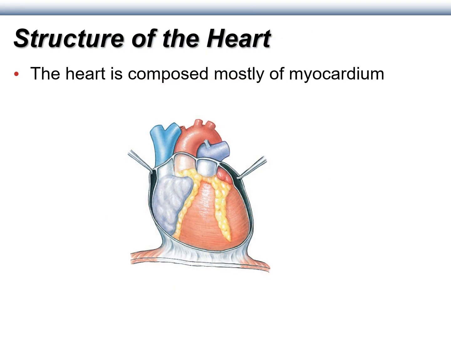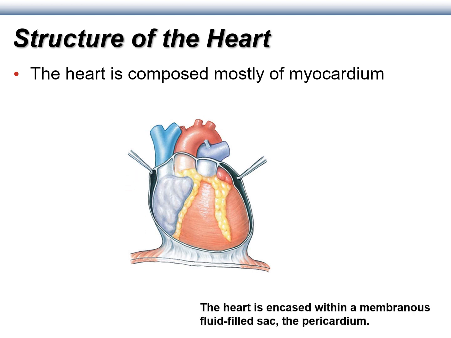And while the heart is mostly muscle, it does contain other types of tissue, certainly fat tissue, secretory epithelium. What you call a pericardium is a three-layered secretory epithelium.